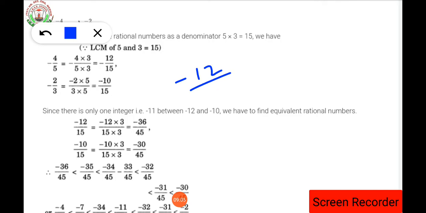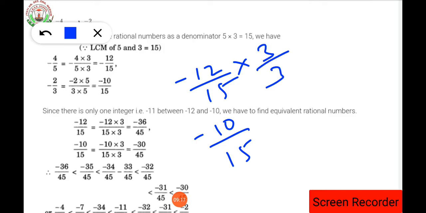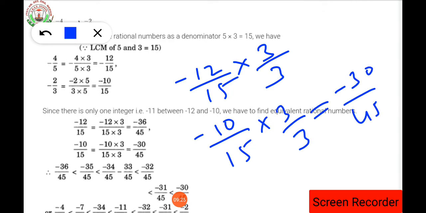That means -12 upon 15 we are having, isn't it? And -10 by 15. These are the numbers we have got when we multiplied with 3 and 5. So increase that number, when we divide and multiply it with 2, again a small number is coming. So dividing this, -30 upon 45, -36 upon 45. Understood?